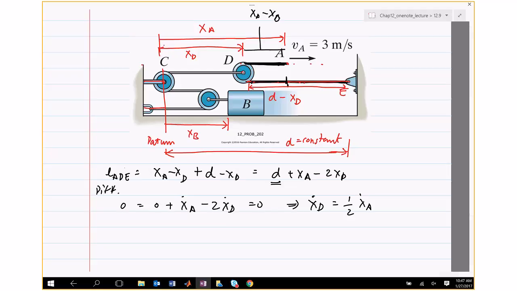Next, we need to find the length of the other cable. D, C, and let's call this point F. DCF. So that's going to be this distance, which is simply XD, plus this distance. So what's that distance?